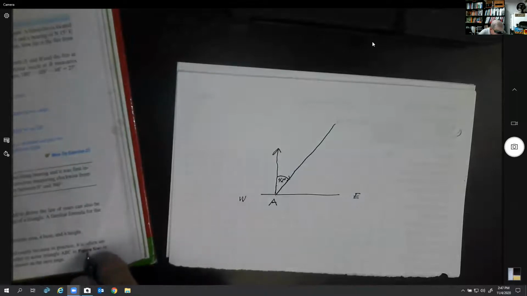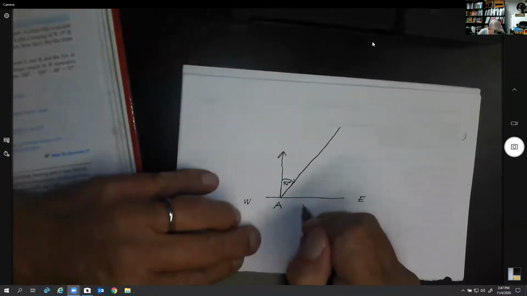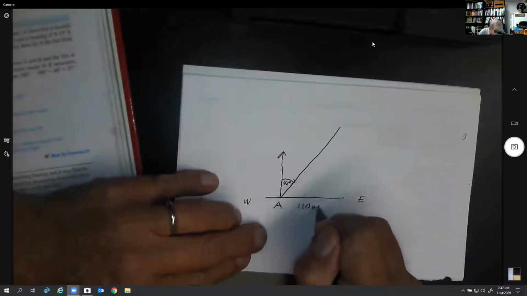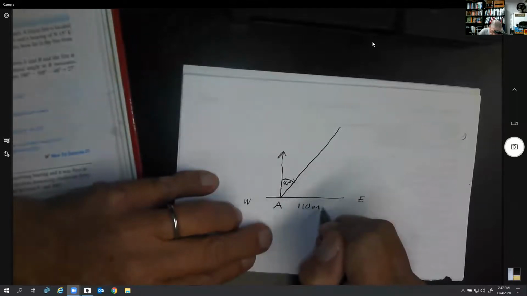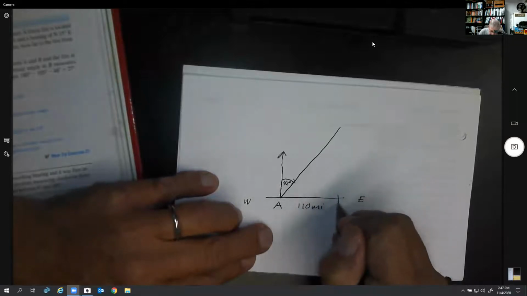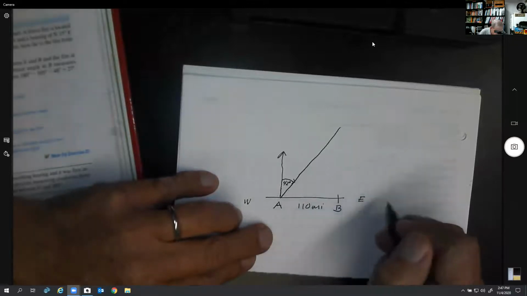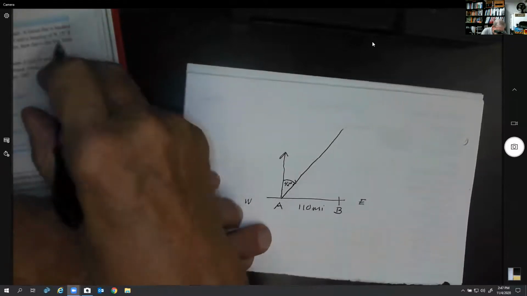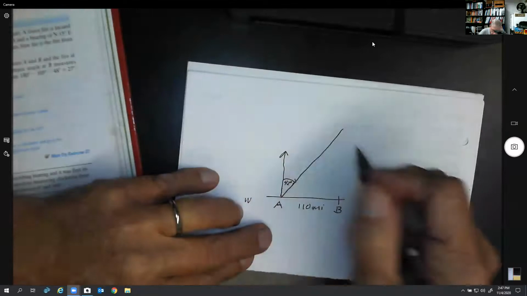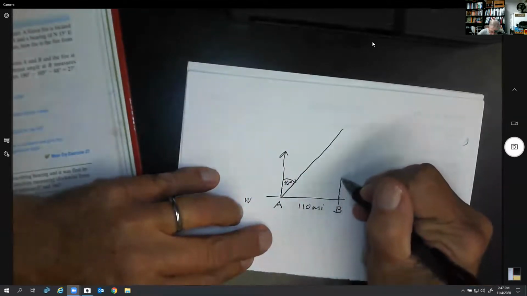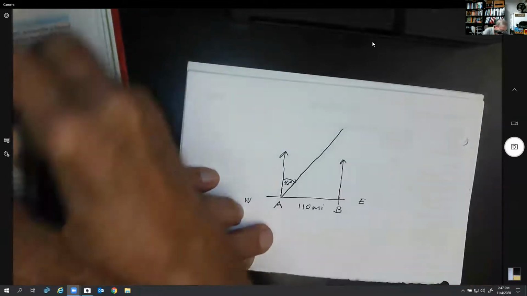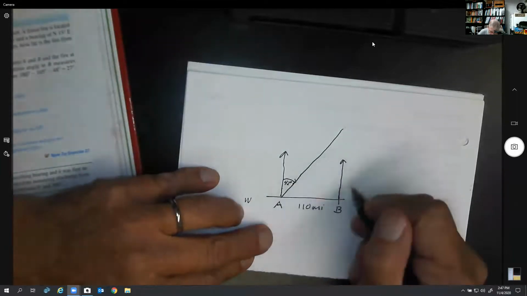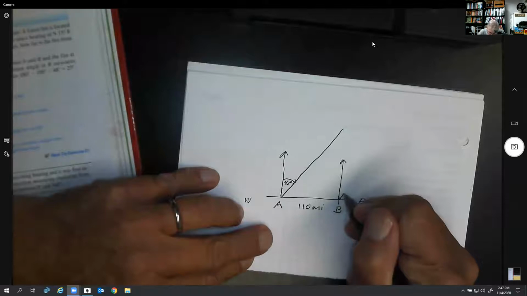Okay, 110 miles apart. Is Station B. B sees this fire at a bearing north 15 degrees east. If it said west, we would go this way, but it's 15 degrees east.